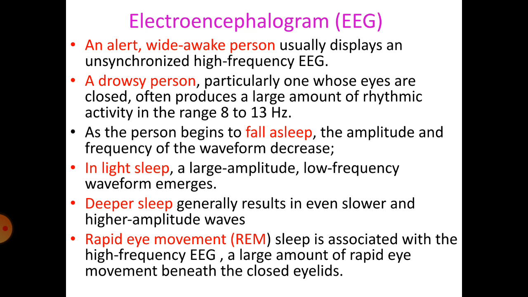In light sleep, a large amplitude low frequency waveform emerges. Deeper sleep generally results in even slower and higher amplitude waves. Rapid eye movement, that is REM sleep, is associated with high frequency EEG and a large amount of rapid eye movement beneath closed eyelids.